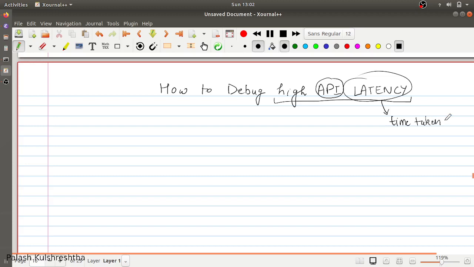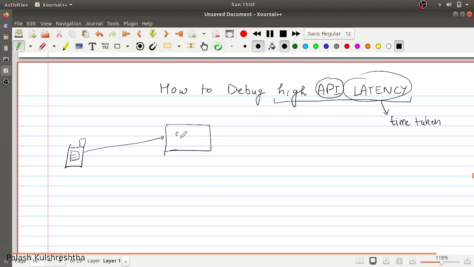Before debugging high API latencies, let's see a general scenario in which it can be encountered. For example, you are accessing some application on your phone, and this request is going to your server.